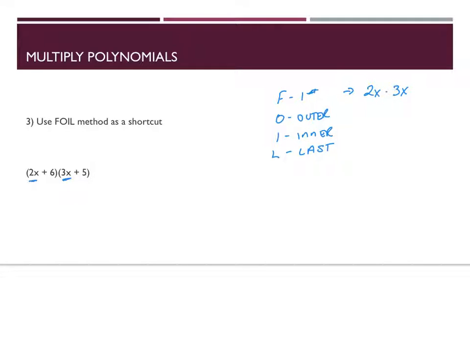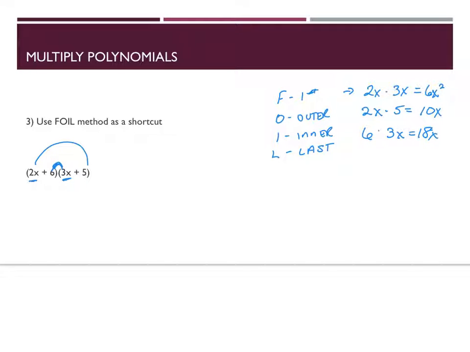And if I do 2x times 3x, I get 6x squared. Outer, that's my two outside terms. That would be 2x times 5, which would be 10x. I stands for inner. That's these two guys in the middle on the inside. 6 times 3x is 18x.